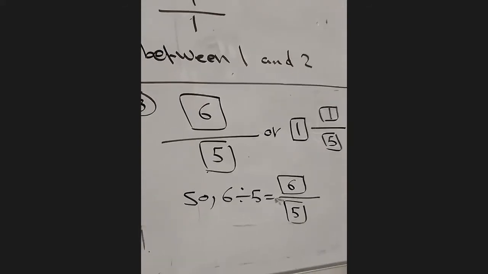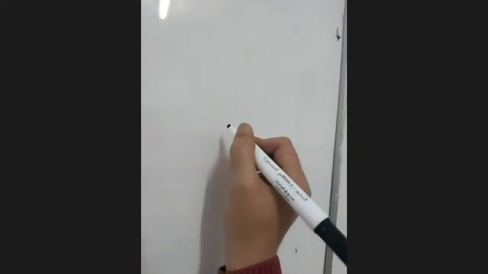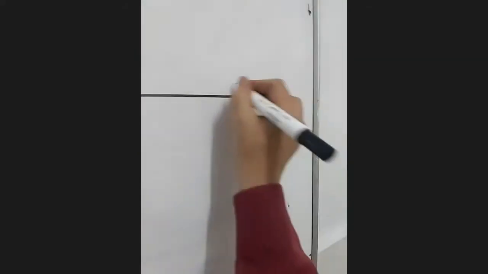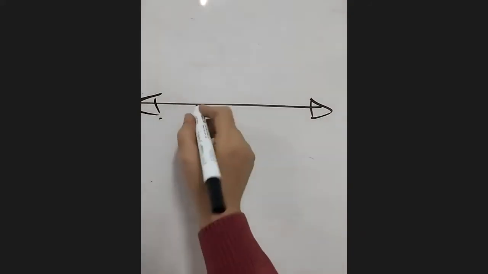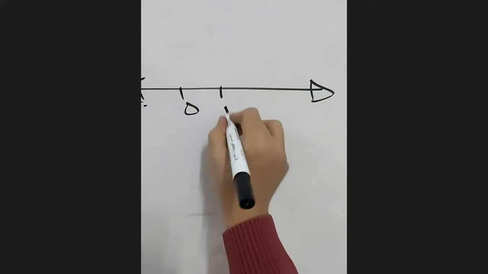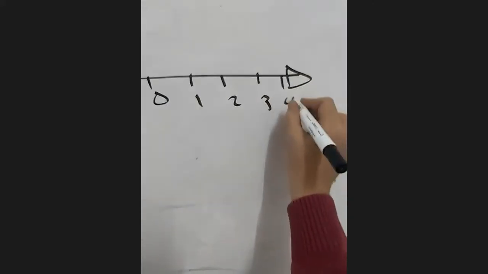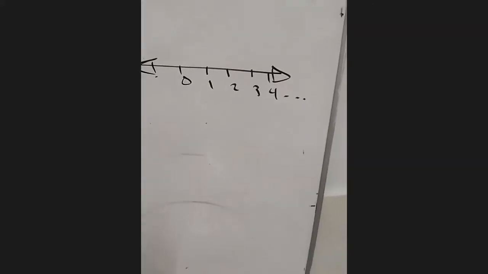Look. Focus with me. This is the number line. You know the number line? Now here we have, for example, 0, 1, 2, 3, 4, and so on forever, right?